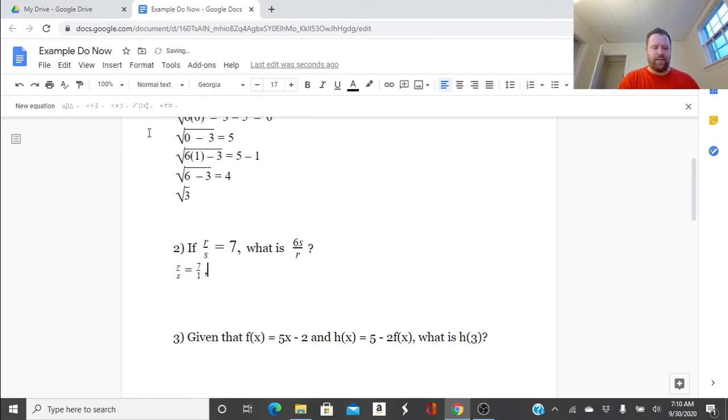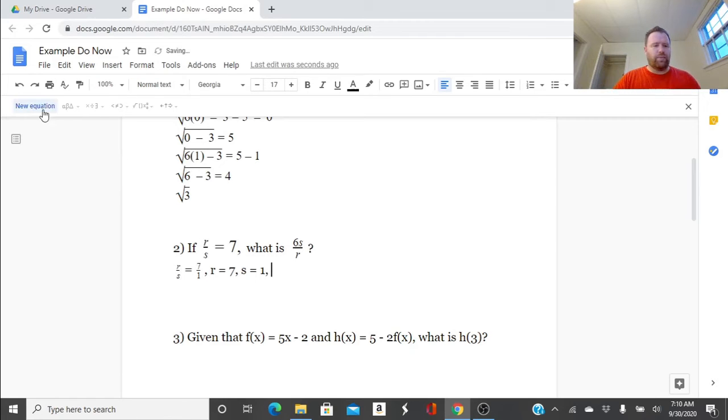And then I can see that when R equals 7, S would have to equal 1. Now, it doesn't mean R equals 7 or S equals 1. It just means that R is 7 times the size of S, okay? But we can use that to plug into the other equation because we have both S and R, and they're over each other.